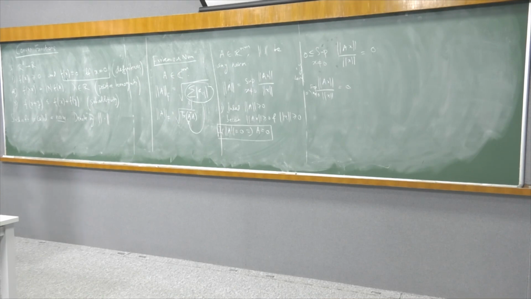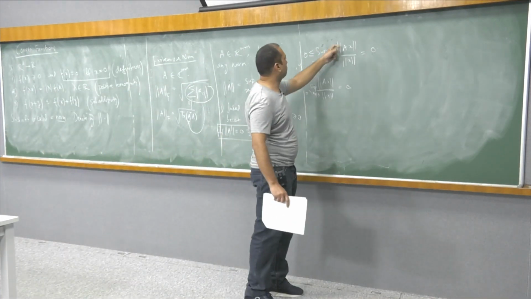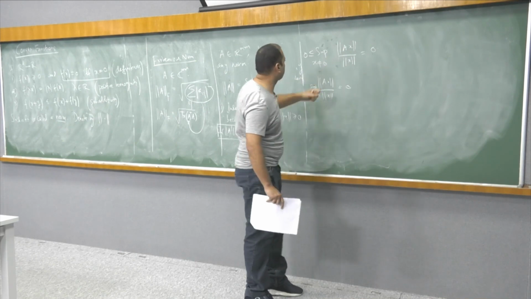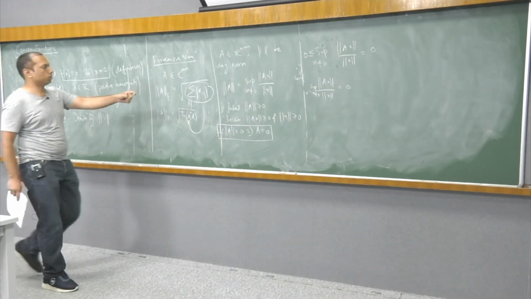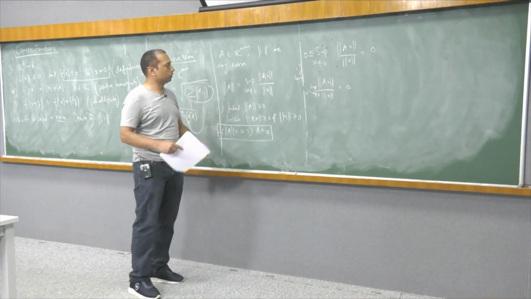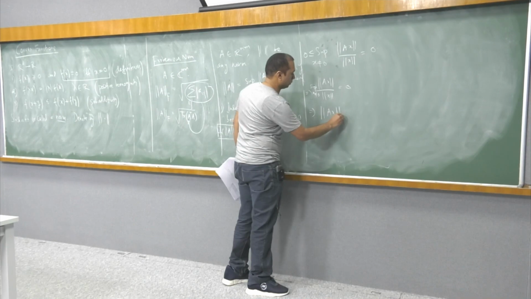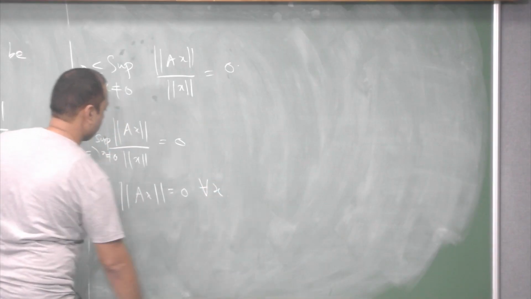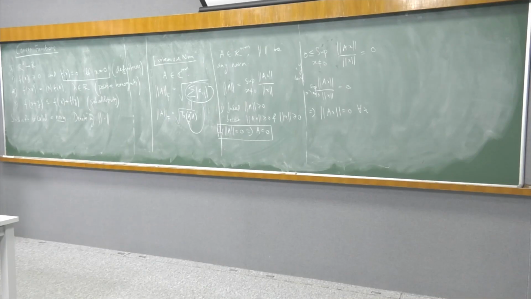Because this is being done for all x, this necessarily implies that norm of Ax is 0 for all x. So not just the supremum, but all x.